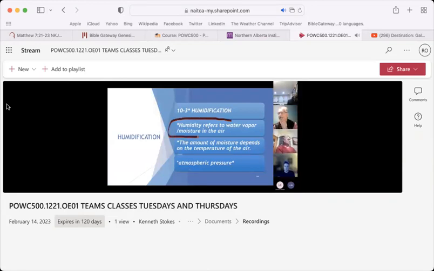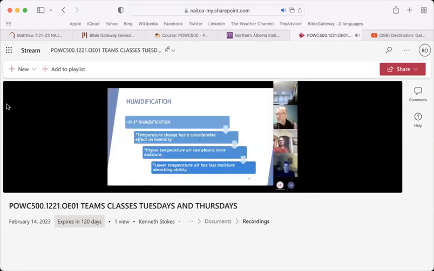What is humidity? This is the water vapor or moisture in the air. There might be a video or two coming up, short ones. The amount of moisture depends on the temperature of the air. And we're not really going to consider the change in humidity based on atmospheric pressure, strictly on temperature.